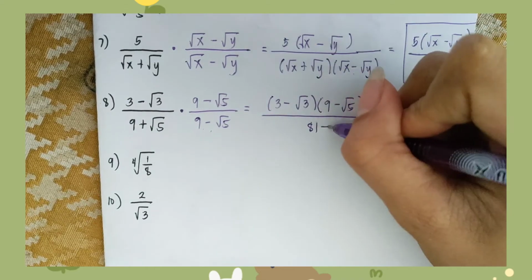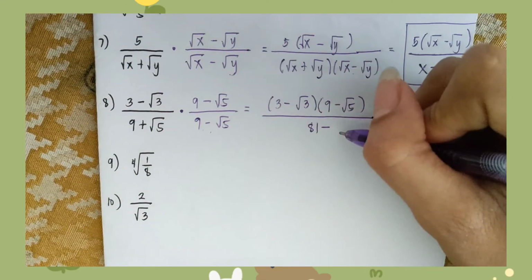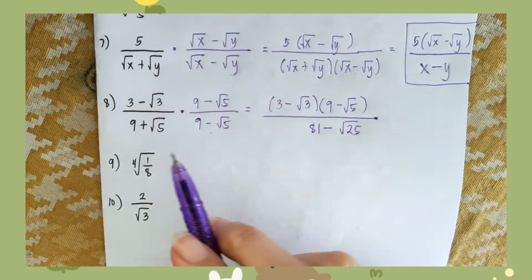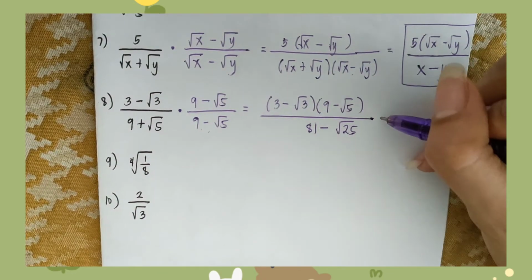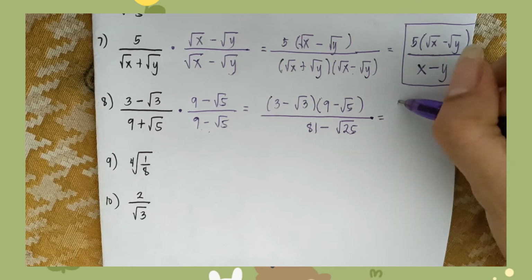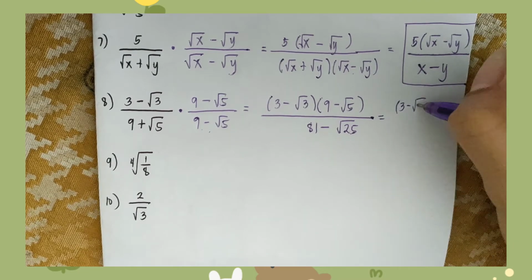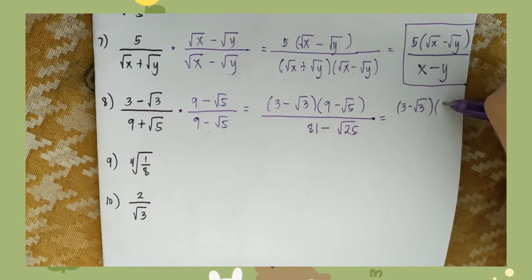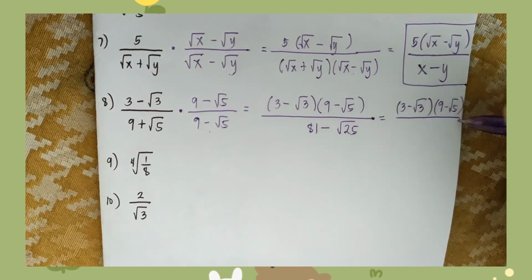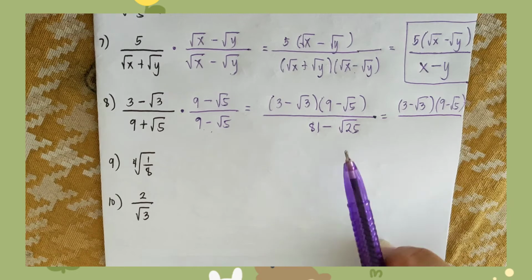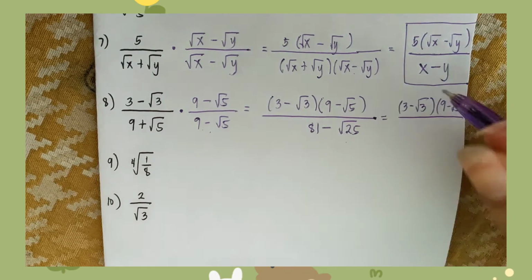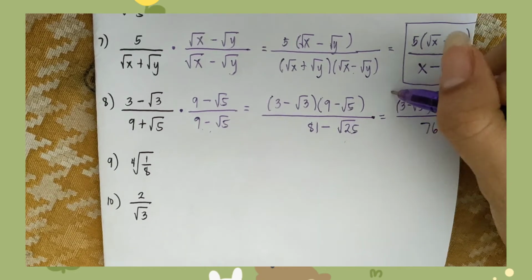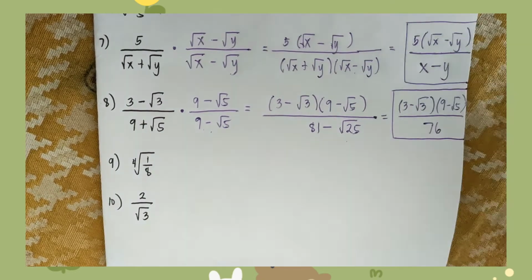Positive, negative, so negative. Square root of 25, 5 times 5. Okay, simplify. Copy the numerator, 3 minus square root of 3, 9 minus square root of 5, all over, square root of 25 is 5. So 81 minus 5 is 76. This is now our answer for number 8.